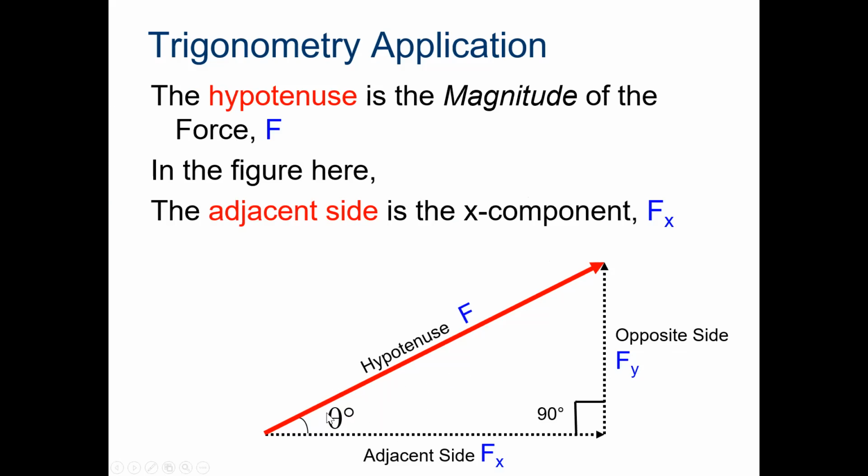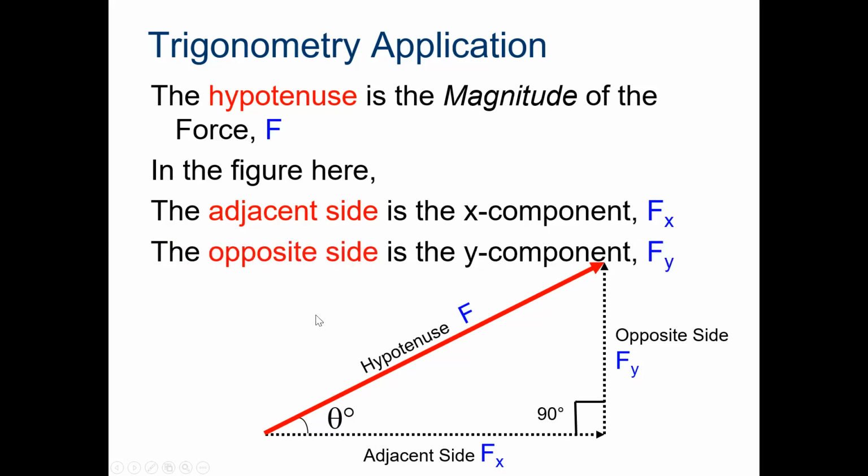We would call our adjacent side the component force Fx, and our opposite side component Fy. And why is this the opposite? Well, you want to look at where the angle is: component Fy is opposite the angle, and component Fx is adjacent to the angle. Okay, so there we have it.